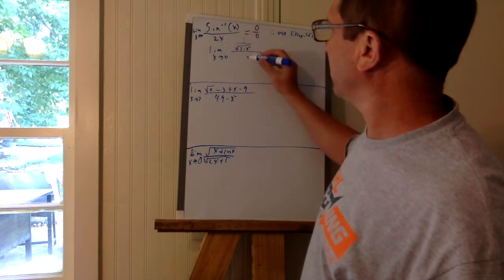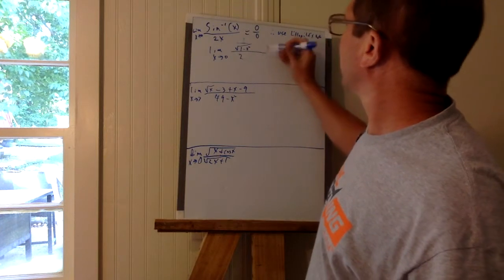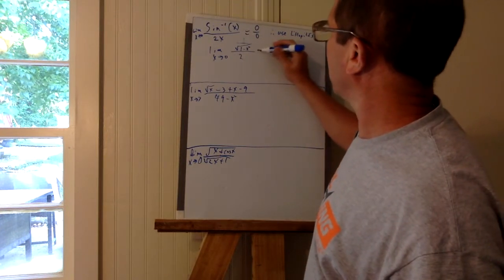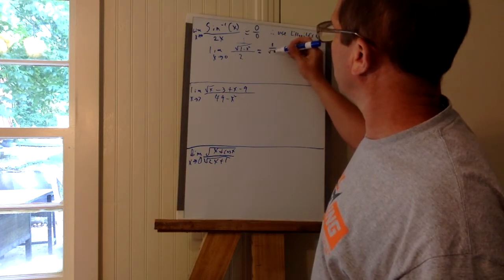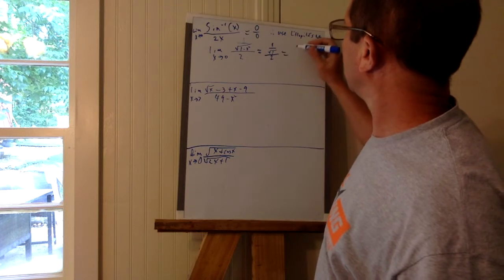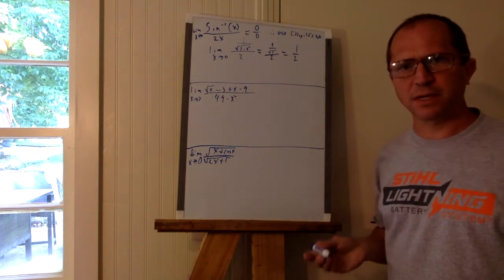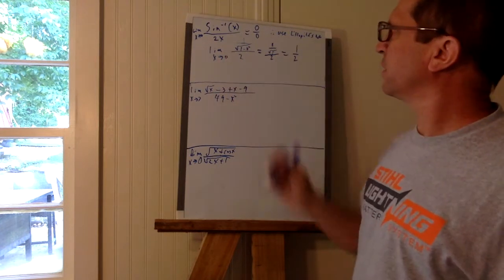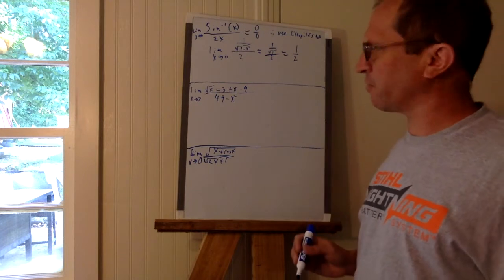And the derivative of 2x, this is the tough one, that's right, it's 2. So now we start plugging in 0, so it becomes 1 over the square root of 1 over 2. So we just get 1/2. So the limit as x approaches 0 of sine inverse of x over 2x is 1/2.